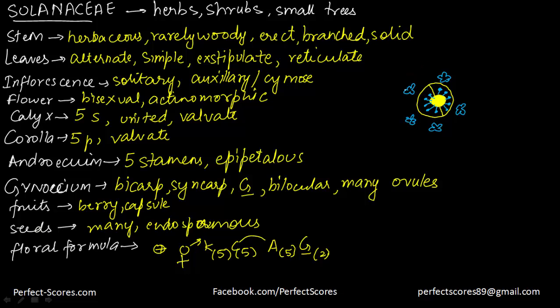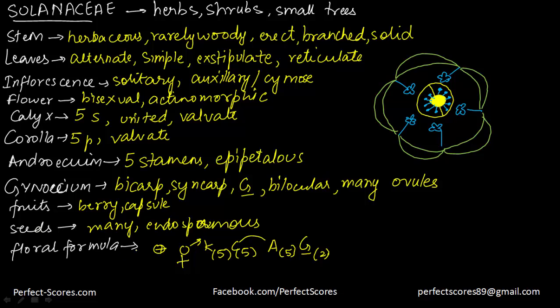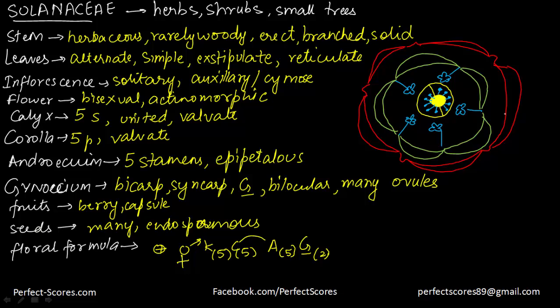So you can draw their stems like this in the 5 directions. So that is the layer of petals around these 5 stamens. And this is the outer layer of the sepals. So a little different diagram, but I'm sure you'll be able to make it better. And that is the floral diagram.